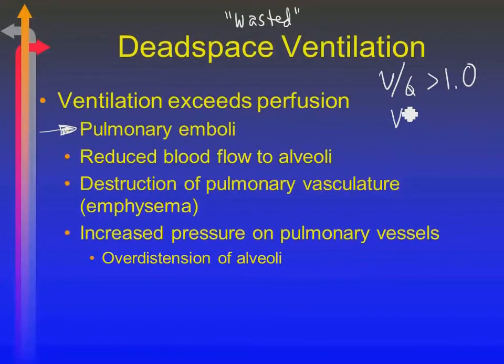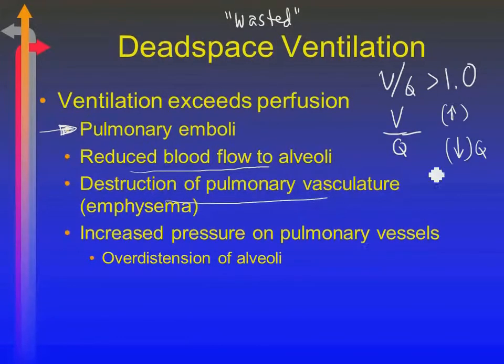Well, how can I make this value bigger? I can increase this or decrease this. So many times I have a situation where my perfusion falls, I end up having a VQ relationship that rises. Anytime I have an increase in ventilation, same process would exist.